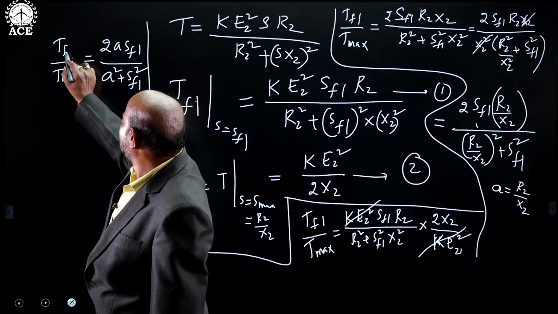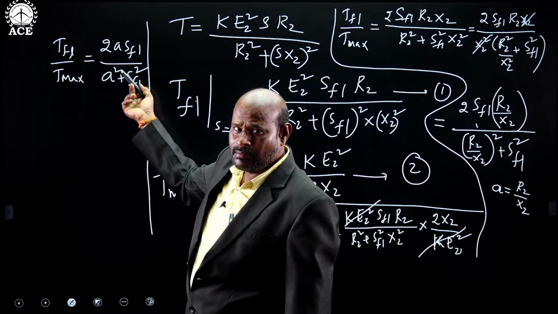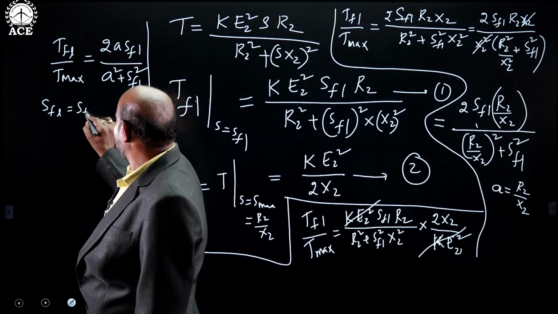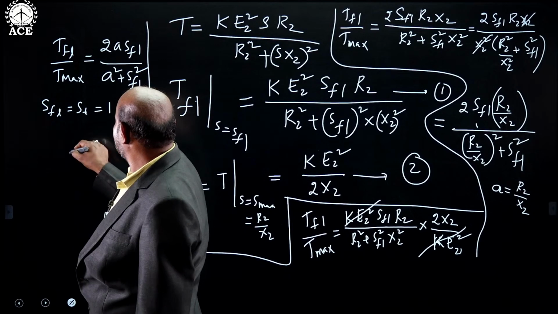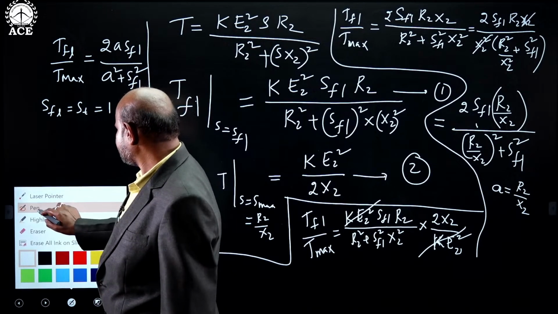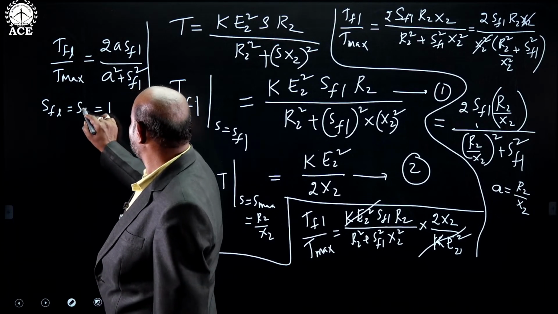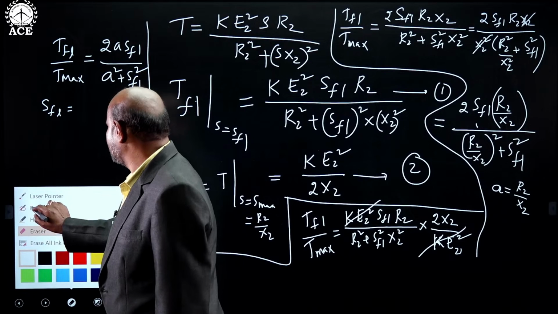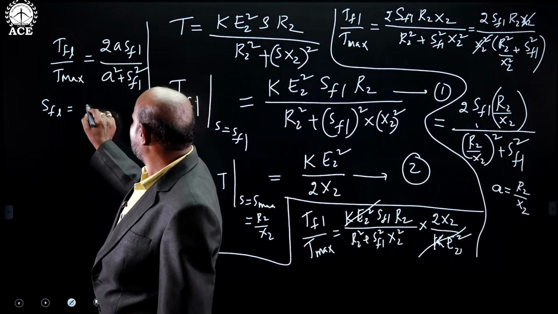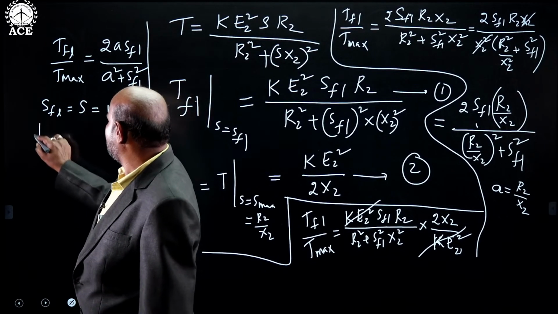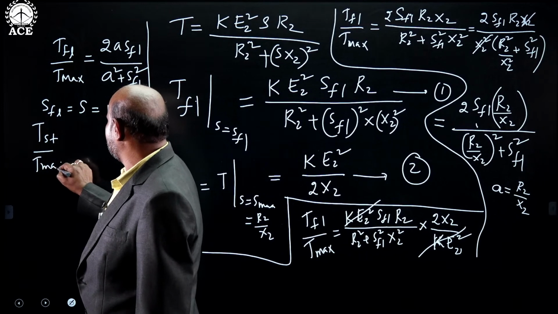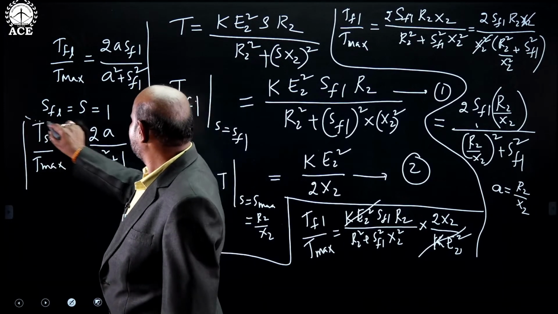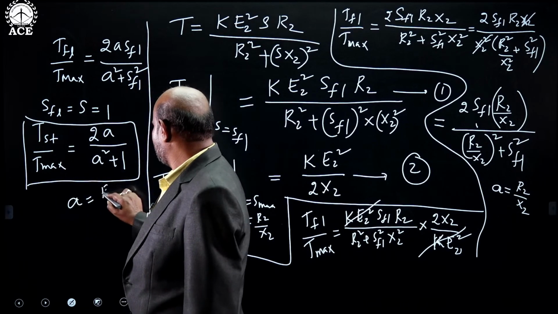So when S is equal to 1, that becomes the starting torque. When the full load slip becomes the starting slip, S equal to 1, we can find the ratio of starting torque to maximum torque, which is given by 2A by A square plus 1, where A is R2 by X2.